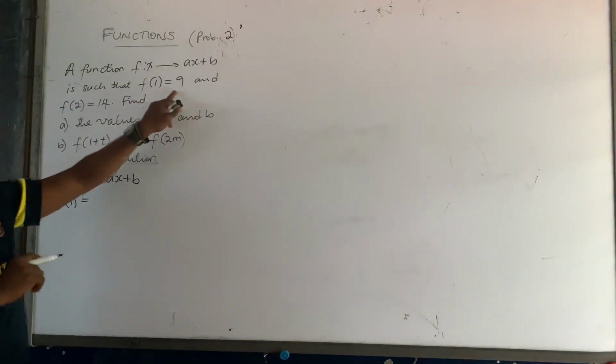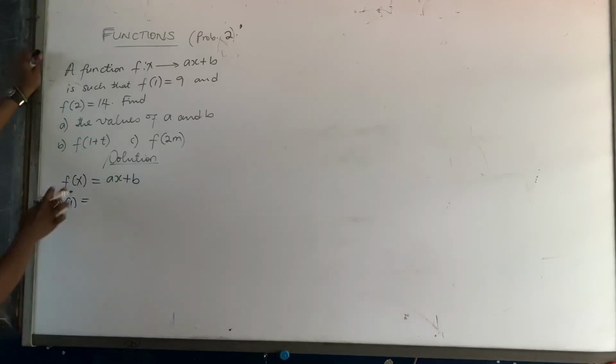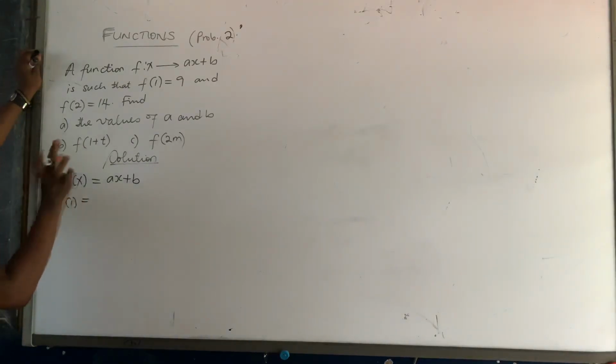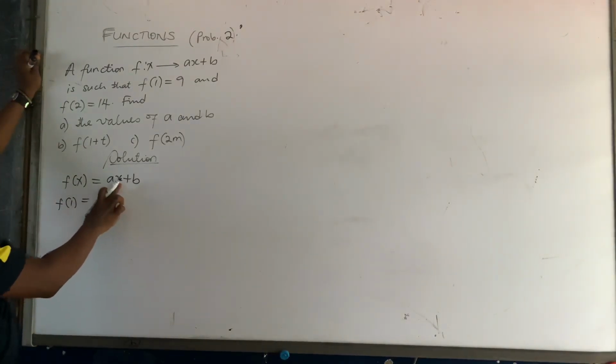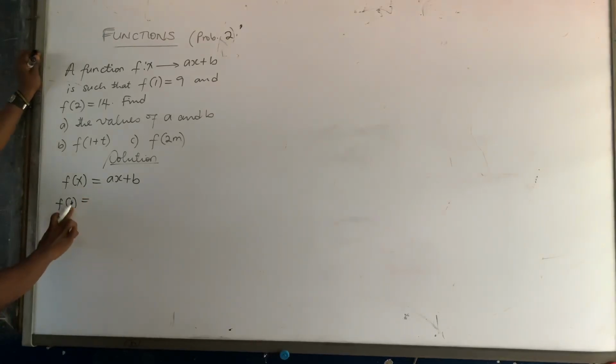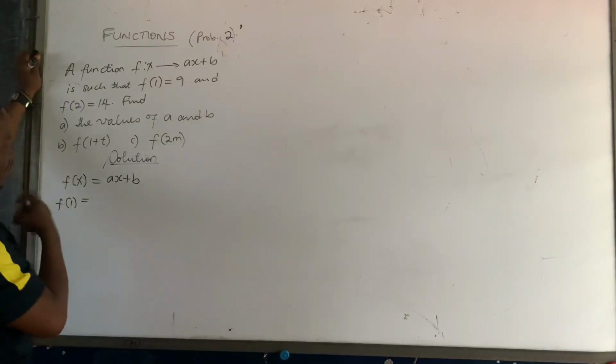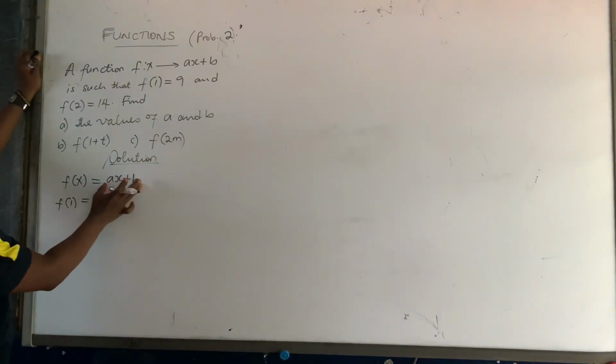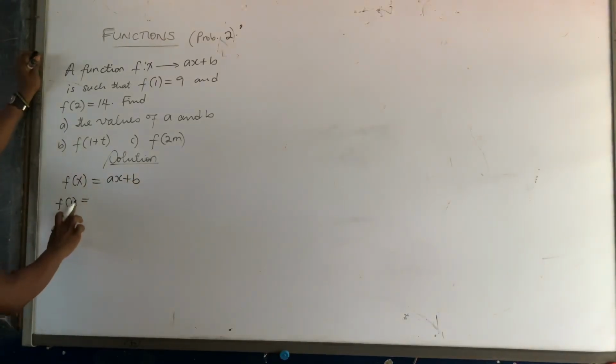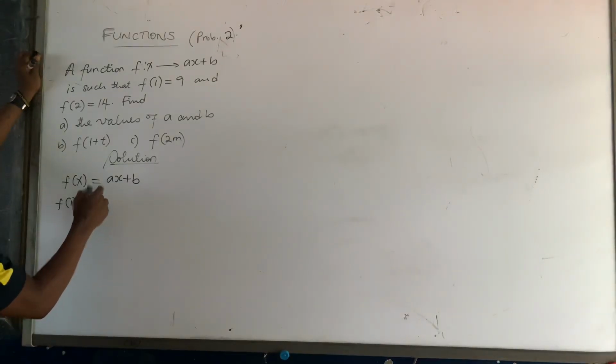If this x changes to 1, for us to now have f of 1, this is telling us that if we go to the function itself, wherever we see x, we write 1 instead.